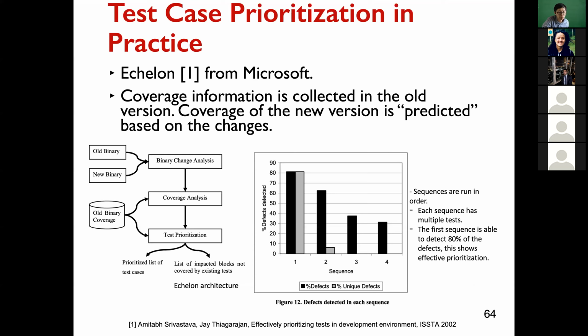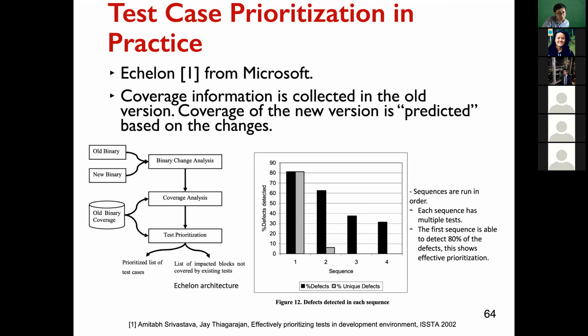If we just run the first sequence, we already detect 80% of the defects. If we don't run the rest of them, then we still have 80%. That shows the effect of using test case prioritization to reduce the test cases.